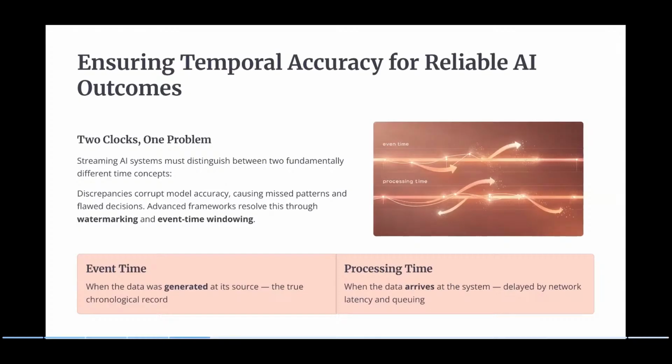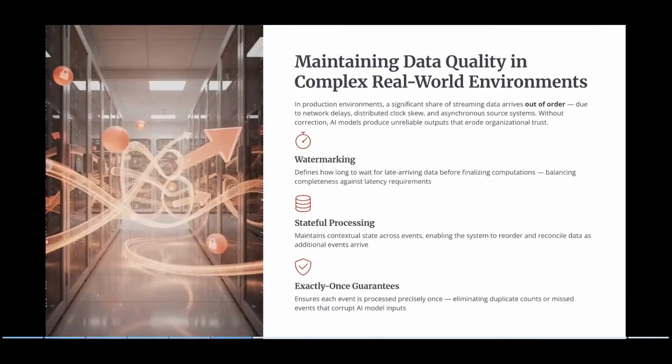The brilliant minds who were working behind this came up with a couple of advanced frameworks. One of them is watermarking, one of them is event time windowing, and so on and so forth. For the sake of this discussion, I'll keep it simple. We'll just learn what these mean, but I don't want to get into their complexities right now, because they each come with their own.